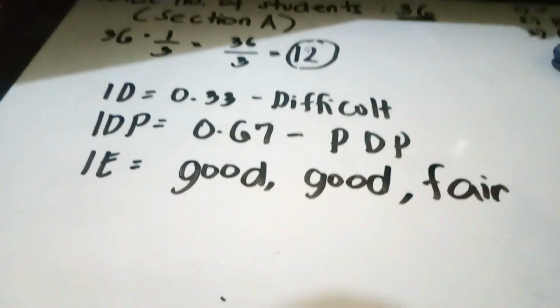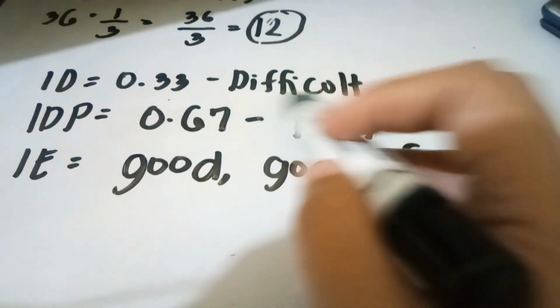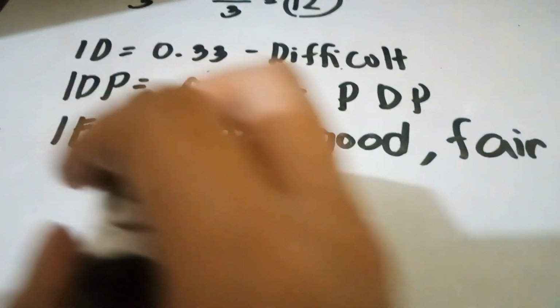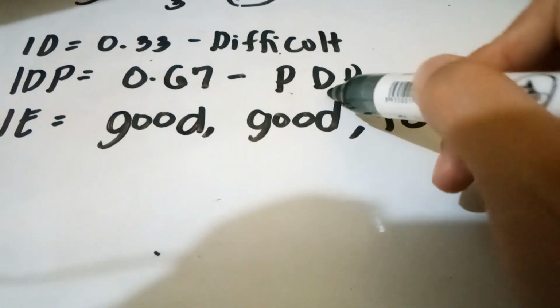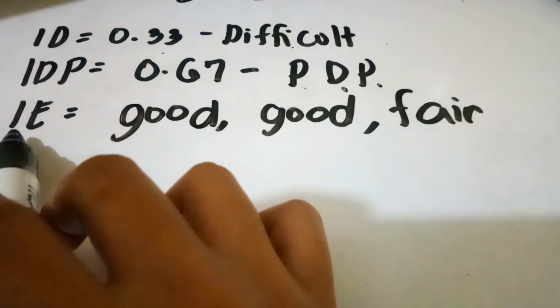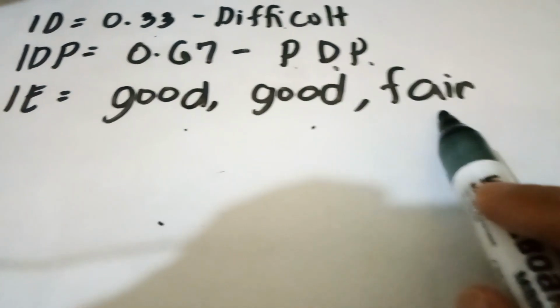Okay? So, let's summarize it. Your index of difficulty is 0.33, interpreted as difficult. IDP is 0.67, so we have positive discriminating power. Then your effectiveness of distractors, we have good, and then fair.